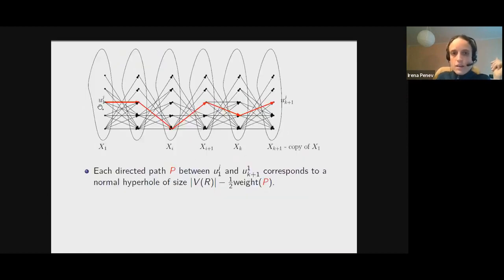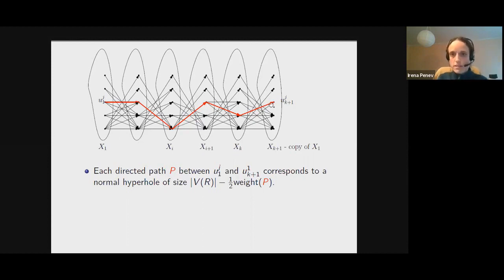And then if you look at any directed path between the jth vertex here and its copy over there, so it has to be the vertex plus its copy, not just any vertex here and any vertex here, but this guy plus its copy. And you take any path, it's going to correspond to a normal hyperhole. How so? We take this guy plus everybody below it, this guy plus everybody below it, and so on.